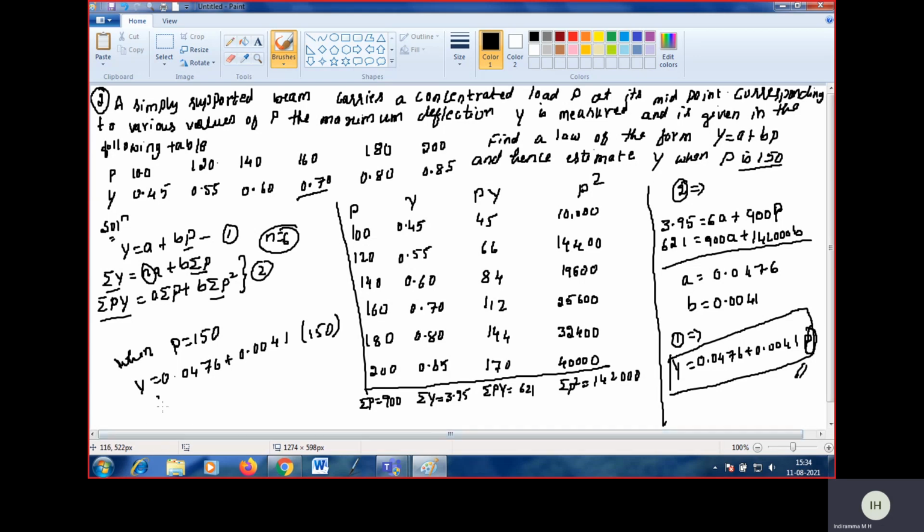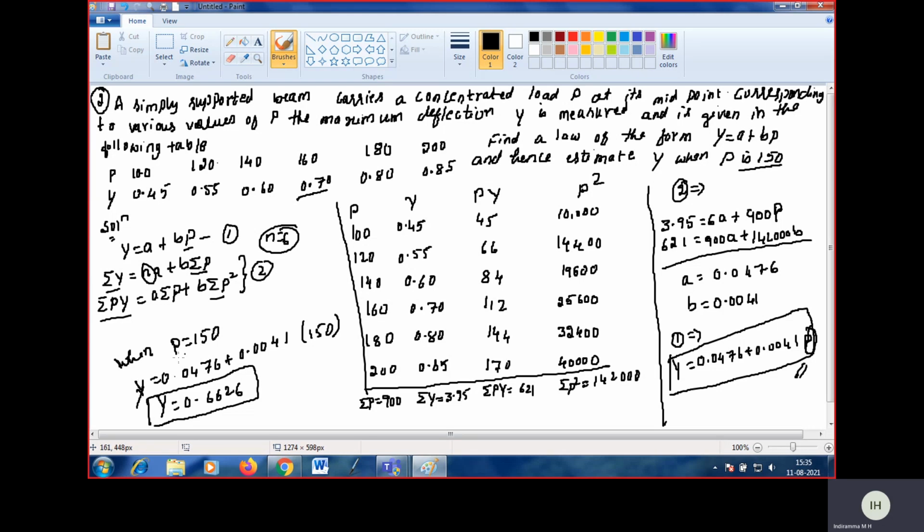After calculation you will get Y as 0.6626. So this is what we get for Y when P is equal to 150.